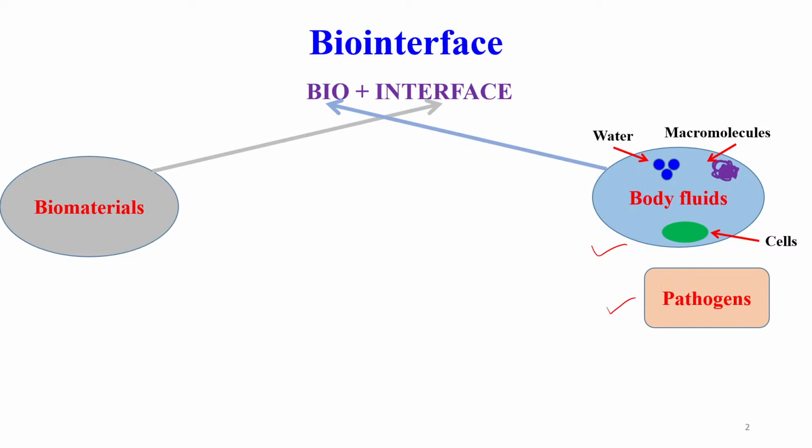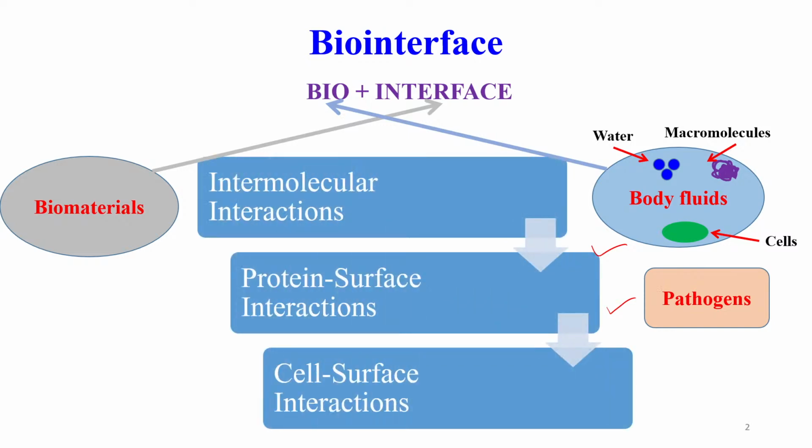If you want to tune these desired interactions, it can be done by modifying the surface, or you can say engineering the surface properties. So what happens when any biomaterial comes into contact with the body fluid or biological system?